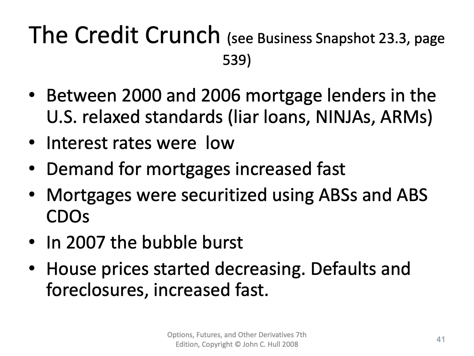The demand for subprime mortgages increased quickly, and there was a move towards securitizing mortgages using asset-backed securities and what are called asset-backed security CDOs, or collateralized debt obligations. Finally, in 2007, the bubble burst. House prices started decreasing, increasing defaults and foreclosures on mortgage loans.